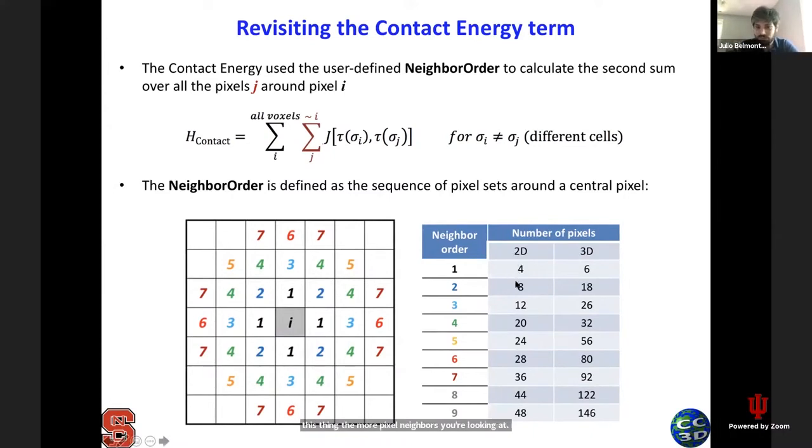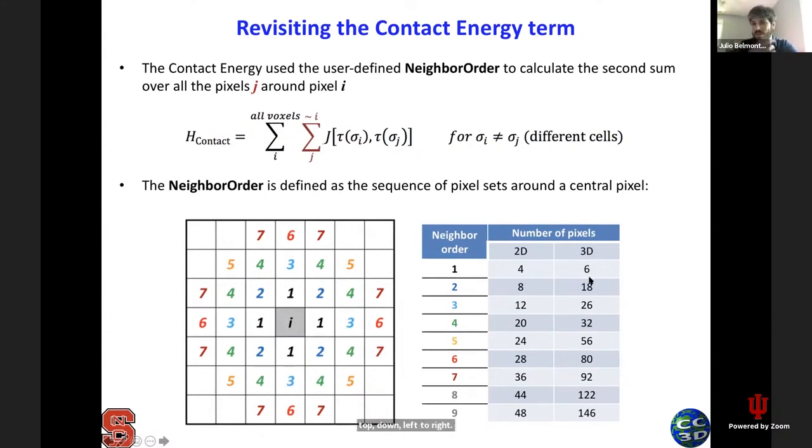Of course, this is how many pixels you're looking at around it if you are in 2 dimensions. If you are in 3 dimensions, you're looking at more pixels. For example, with a neighborhood of 1, you're not only looking at top, down, left, and right, you also look at in front and at the back.